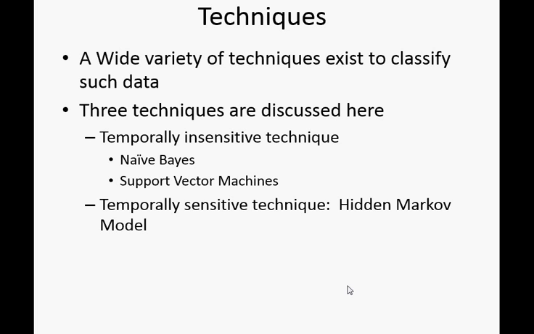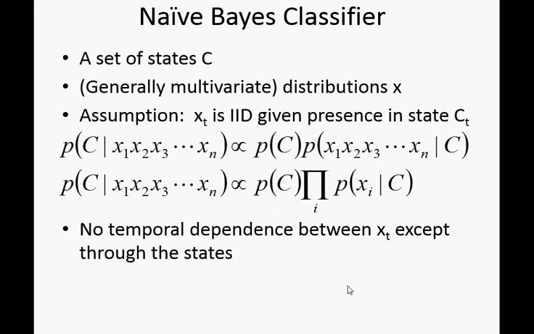All three of these techniques are, in a certain sense, sensor fusion techniques. They bring together data from multiple sensors and try to render a classification. But these first two do so without taking into account temporal context, and this latter one does take into account temporal context. So the first of them that I'll be dealing with is a naive Bayes classifier.